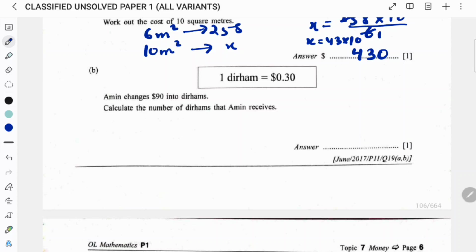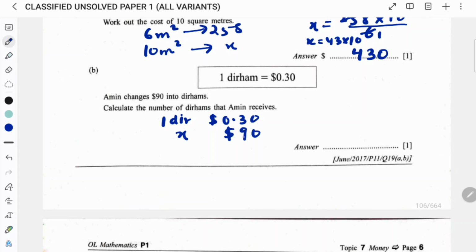So part B: 1 dirham is $0.30. Amy changes $90 into dirham. Calculate the number of dirhams that Amy receives. So what do we do? 1 dirham costs 0.30. We are doing the same thing in every question, the same thing in cost price and sale price also. x is for 90.